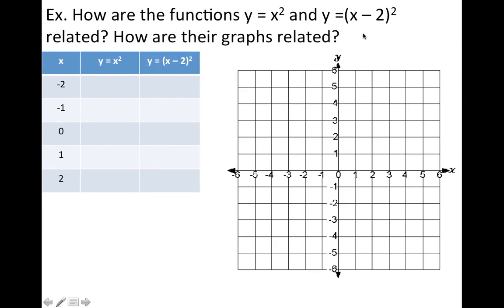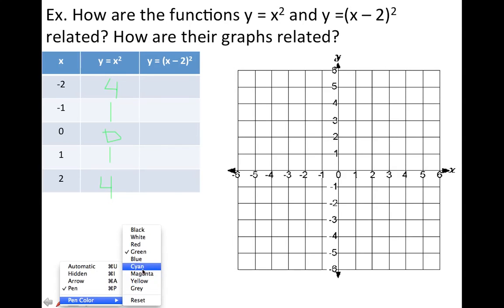This next one, we have to figure out how these two graphs are related. So again, if we plug in our points to fill out our graph, we would get 4, 1, 0, 1, and 4.